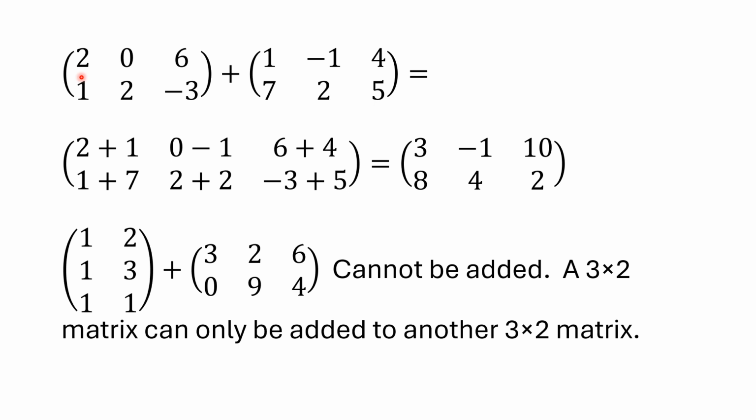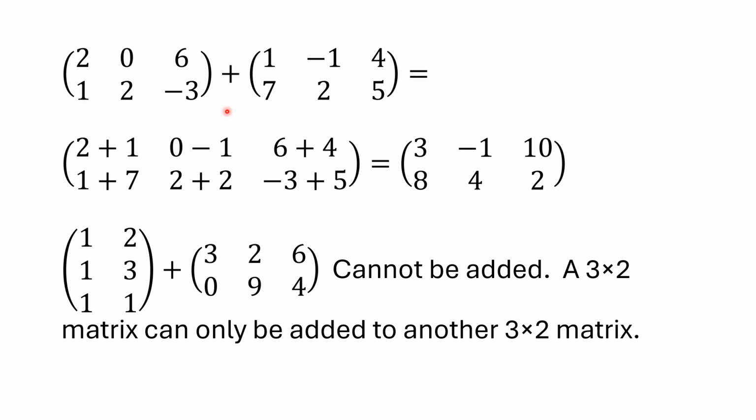Take the first row, first column, 2 plus 1, which is 3. Take the first row, second column, 0 plus negative 1. It's negative 1. And finally, filling out the first row, 6 plus 4. 6 plus 4 is 10.